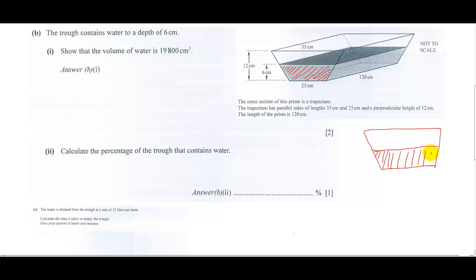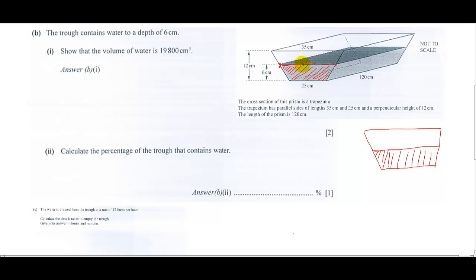Now student, you can observe here, the depth is 6 and the depth of the trough is 12. So the depth is exactly at the midpoint, because 6 is half of 12.